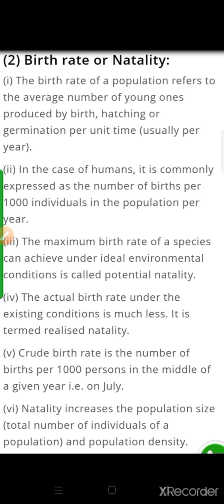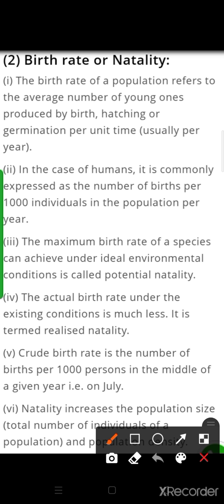The next thing is related to birth rate, or natality. The birth rate of a population refers to the number of young ones produced, or hatched in the case of egg laying animals, or germinated, per unit time.